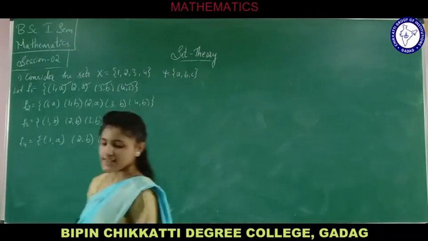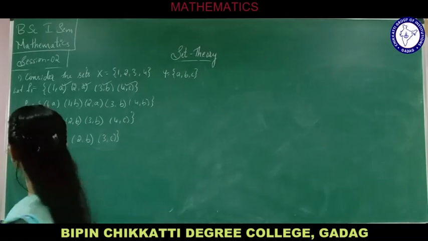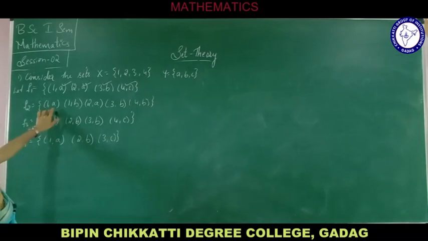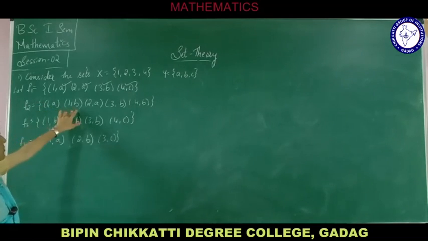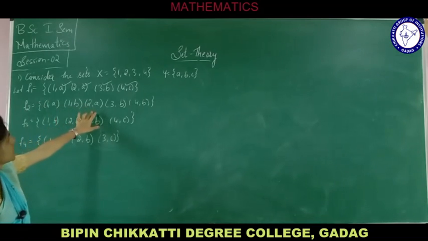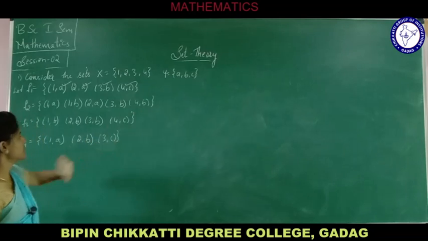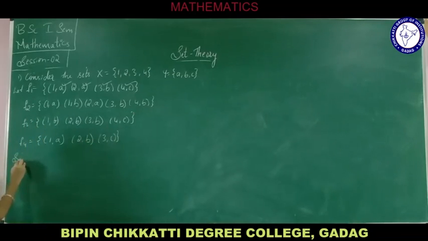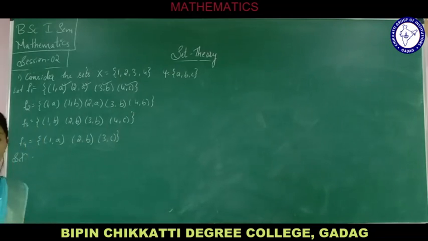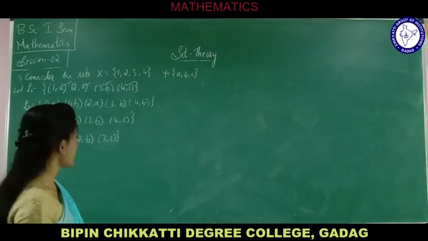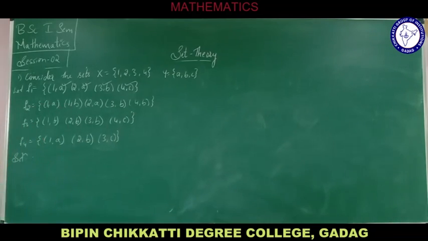They have given f2 is equal to {(1, A), (1, B), (2, A), (3, B), (4, B)}. So, how are we going to find its solution? Here what has happened is, each element of x has an image in y under f2. Do we have it?